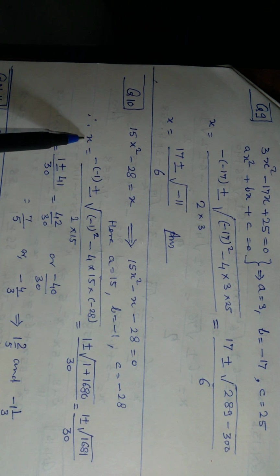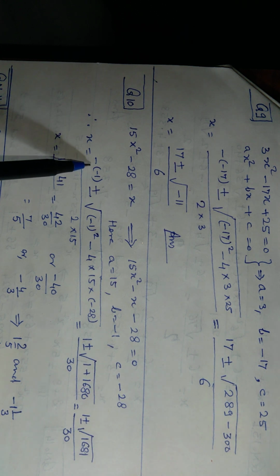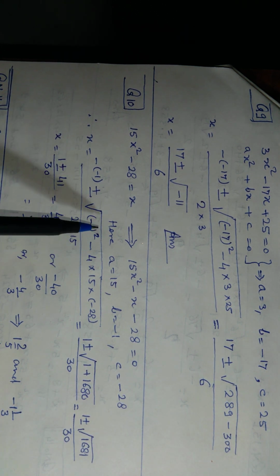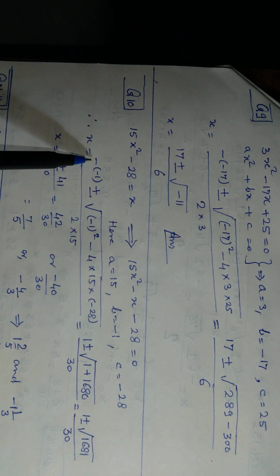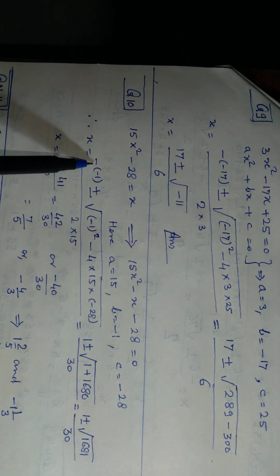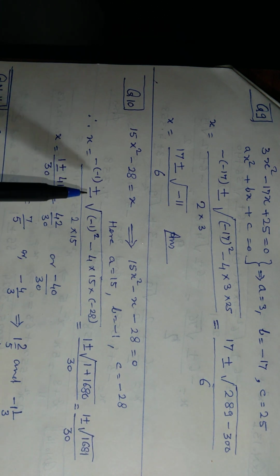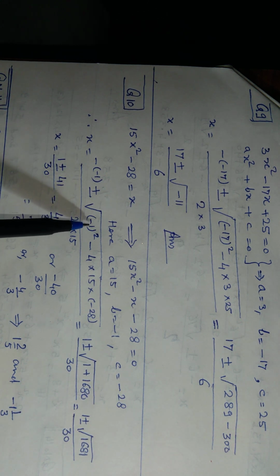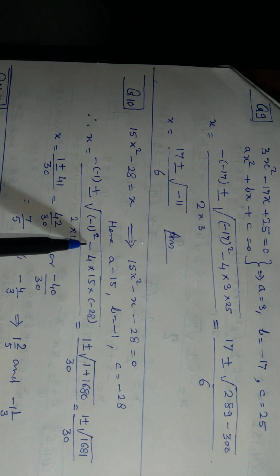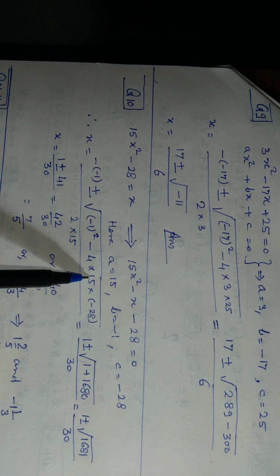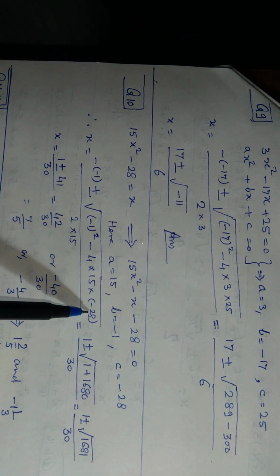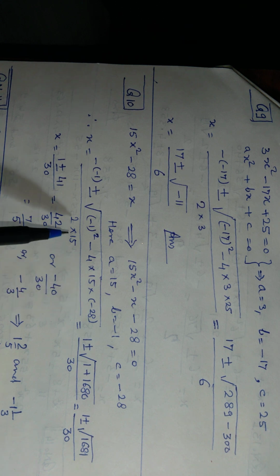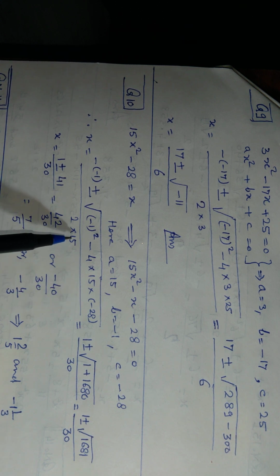Now to find the value of x, we just substitute the value of a, b and c. You see minus b, I have written minus in bracket minus 1, plus minus root, in bracket I have written minus 1 whole square, minus 4 into 15 into minus 28, whole divided by 2 into 15.